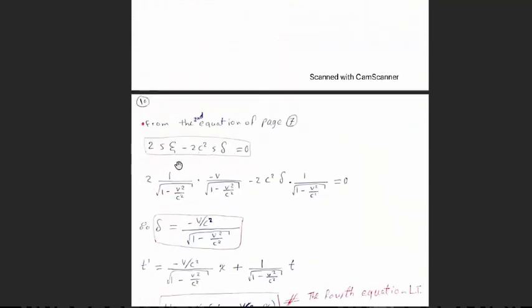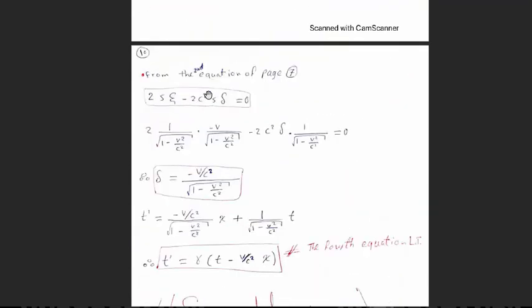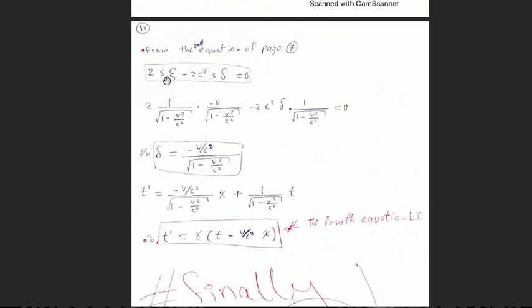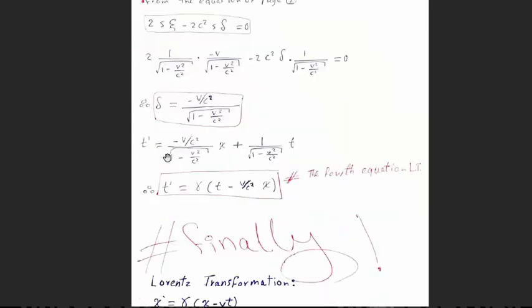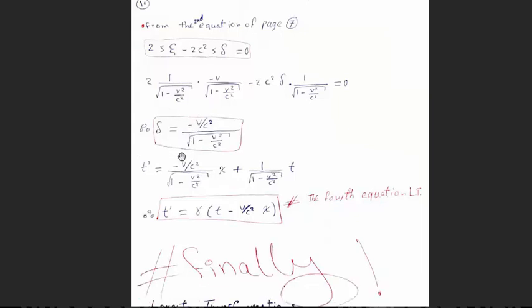From the second equation, this is the second coefficient on page 7. We got the value of s here, and this is the new form of epsilon, and here is 2c squared delta s, and here the value of s is 0. After doing the math, we got that delta equals this.